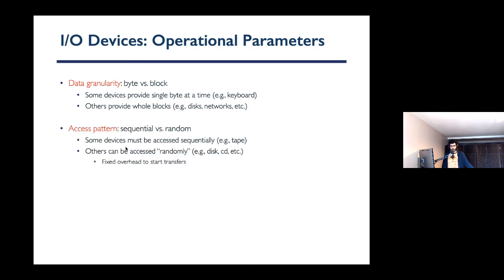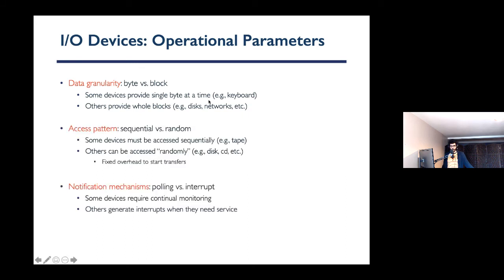There are things that you have to note when you're dealing with I/O devices. What is your data granularity? The granularity of some devices is a byte, like for instance the keyboard, and some devices use blocks, like your network card or your disk. The other one is access pattern. Can you access data sequentially, or can you also access data randomly anywhere in the file that you're opening, for example?